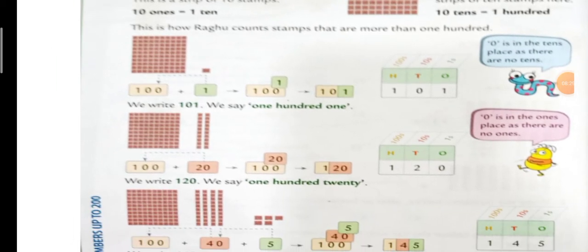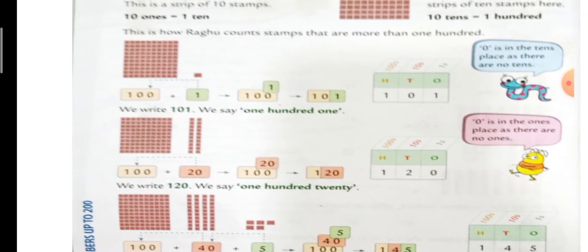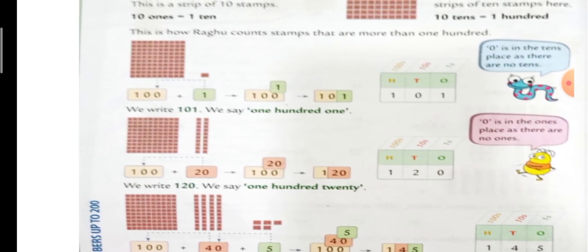No, there are no tens. Okay, so what we need to do is, we need to write 100, and then in ones place we write 1. So this becomes 101. Okay, so we write 101 and we say 101.